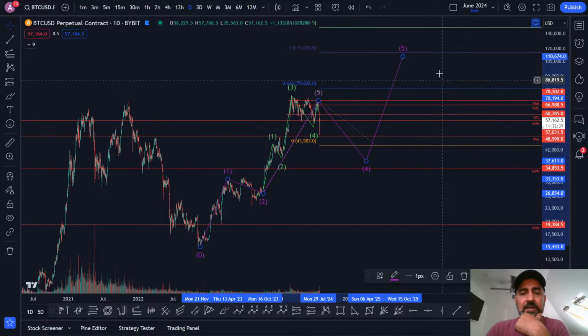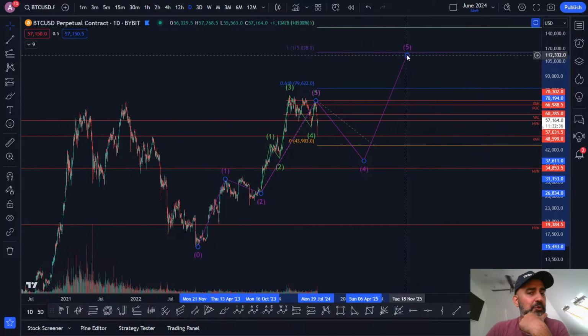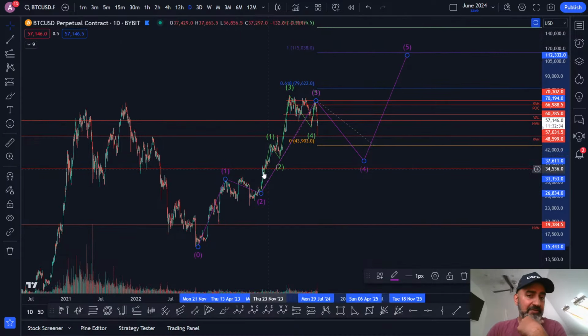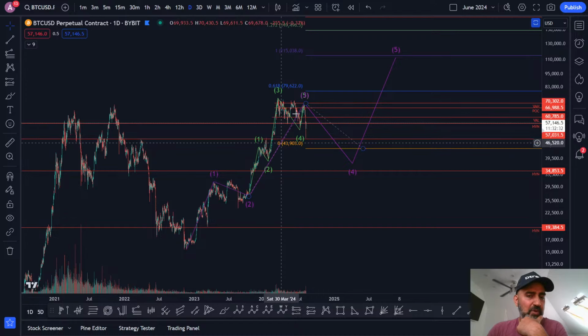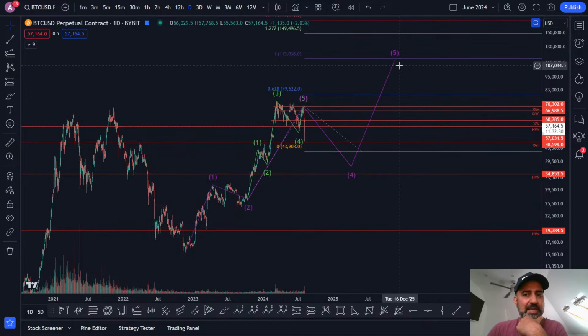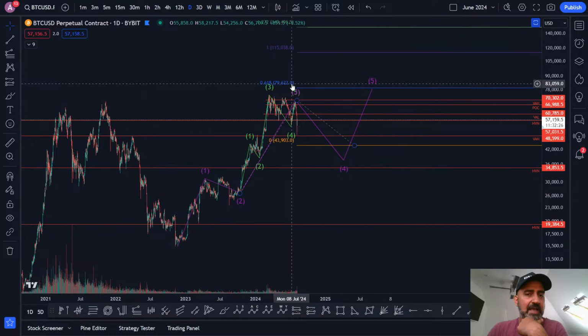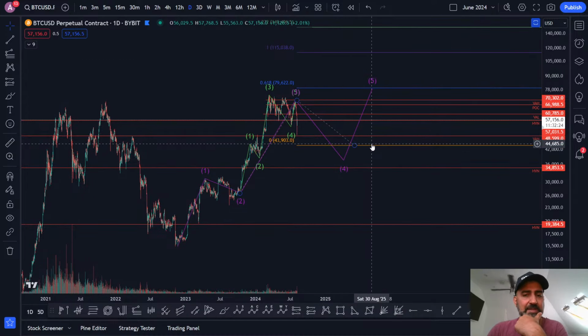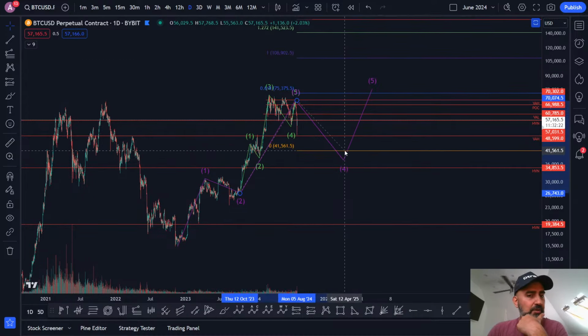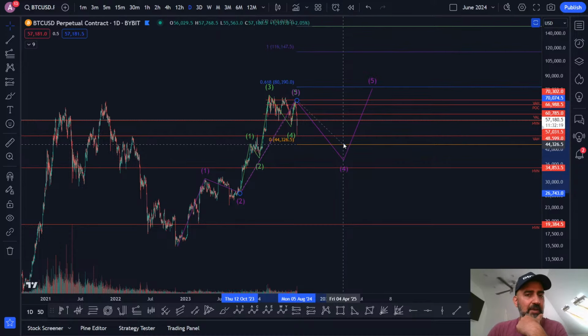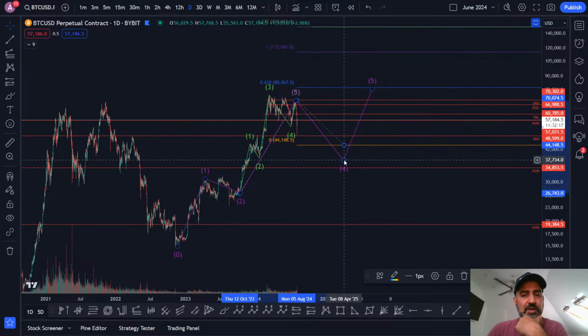I think most people will be aiming for the 1-to-1. It doesn't have to get to the 1-to-1, but this 3 wave is bigger than the 1, so the 5 actually can be bigger. I don't think people will be looking to exit. They might at the 618, and it all depends on how low this gets in terms of where the next wave begins. So no one really knows that.